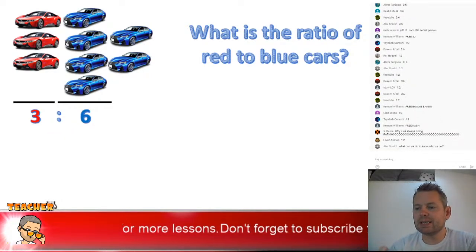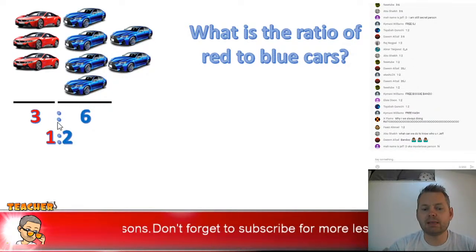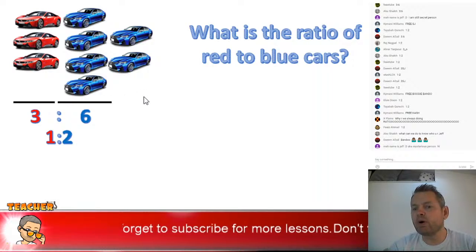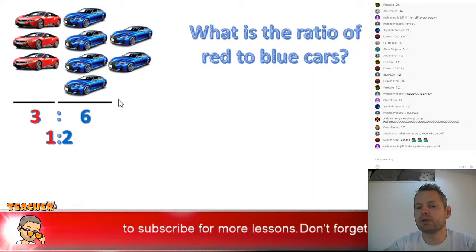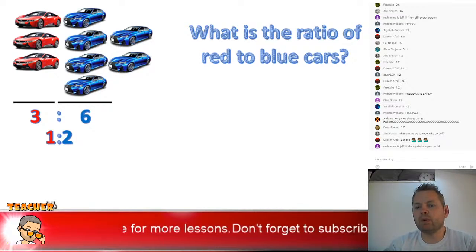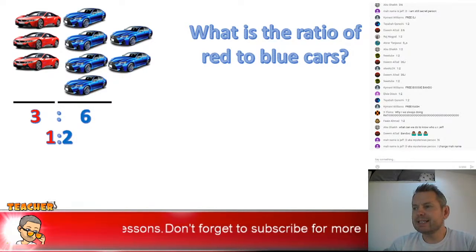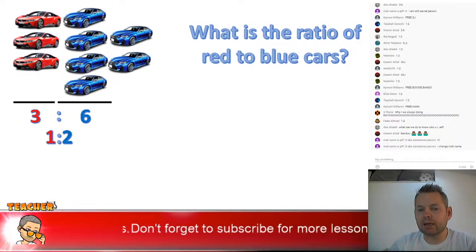Now, just looking at this again, because it's important: if both of these numbers are prime numbers, then that's the lowest our ratio can go to. So for instance, if it was 2 and 7, well, 2 is a prime number, 7 is a prime number, so actually we can't go any further and we can't reduce them any further.